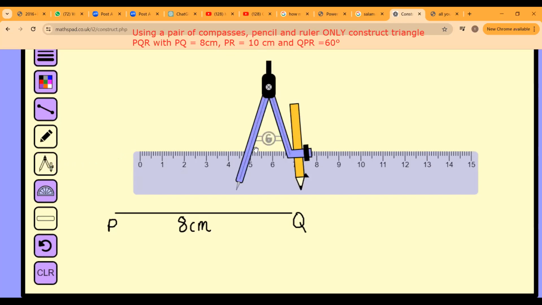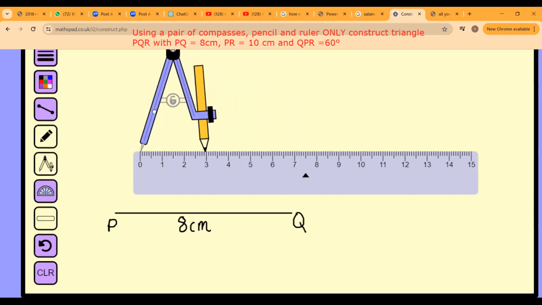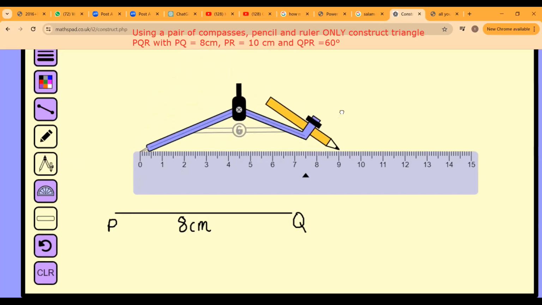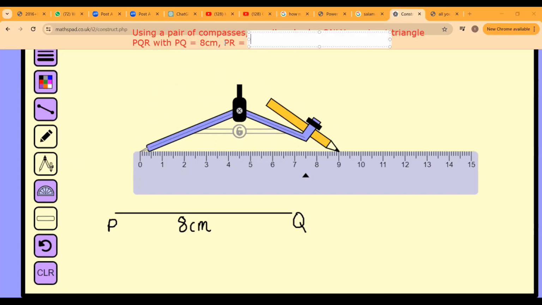So we're going to take our compass. I wonder if our compass even could reach 10 centimeters. If it can't, I just have to change the number. Nope, it can't reach 10. It only can reach 9. So I'm going to say that PR is 9 centimeters because my compass cannot reach all the way up to 10. So let's change this to 9.